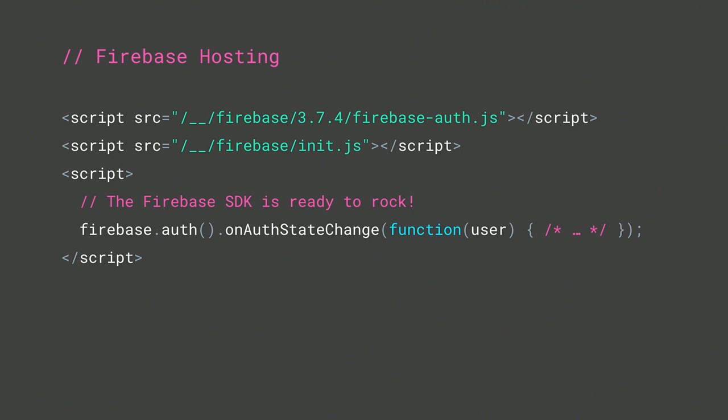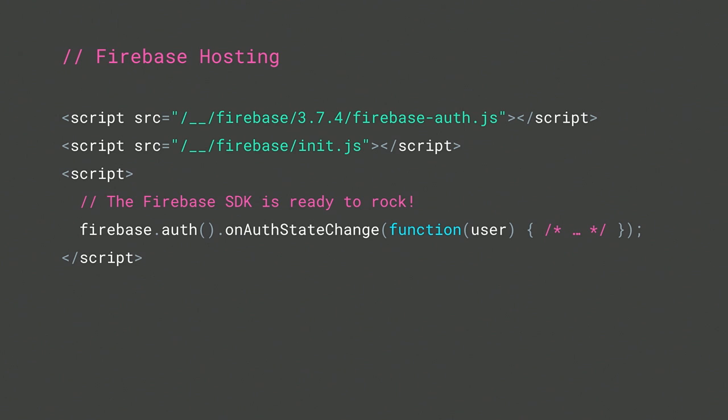Because that SDK talks to a backend, which means you need things like an API key. And that API key is different between your production environment, your staging environment, everybody's dev environments. So how do you avoid hard coding your SDK's API key when these files have to be static?